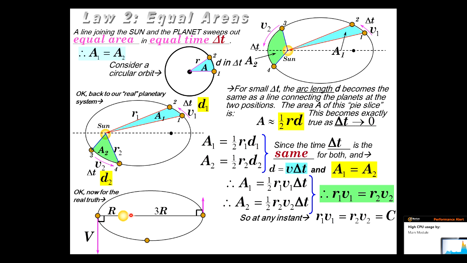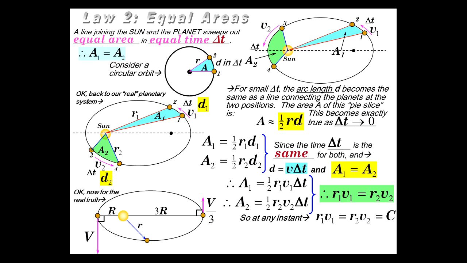If this is 3r, you can use this idea to recognize that the velocity magnitude is a third of what it was at the perihelion. Here we're at aphelion.